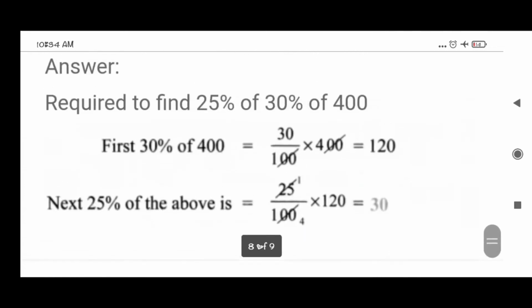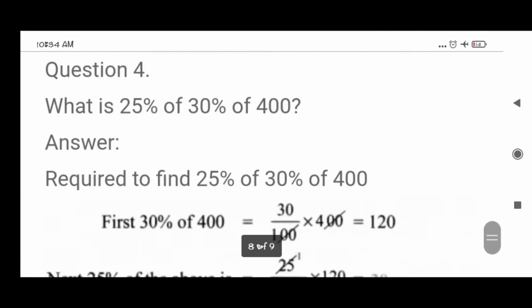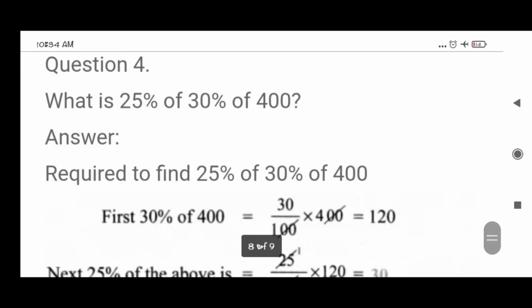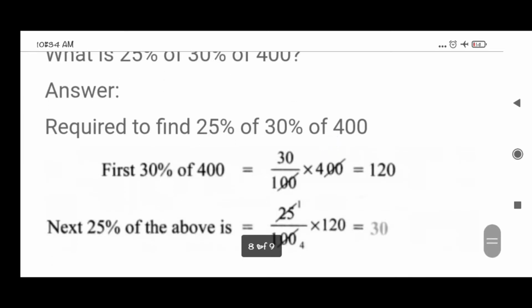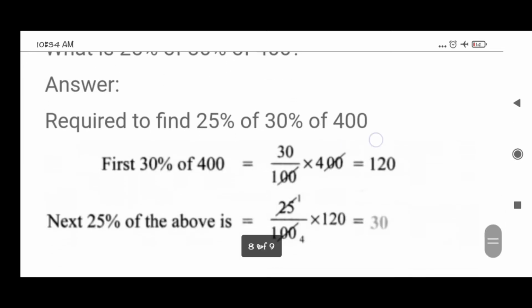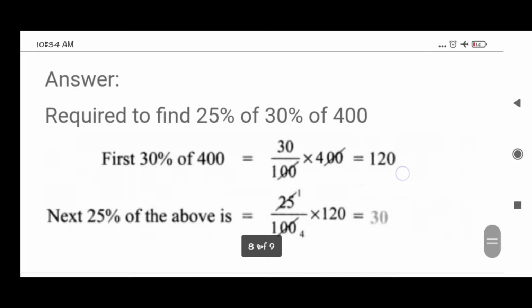We see the fourth question. What is 25% of 30% of 400? We need to find 30% and also the 25%. So we are required to find 25% of 30% of 400. First, 30% of 400 is 30 by 100 into 400. When we cancel, we will get 120.